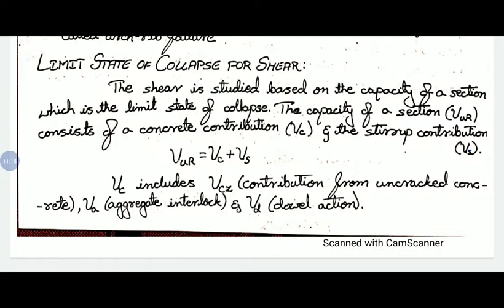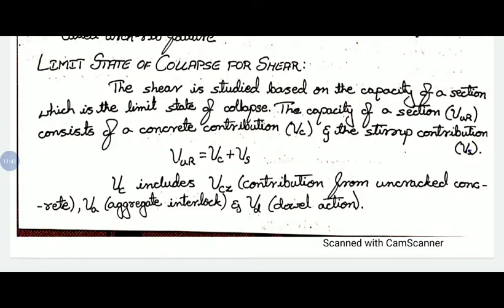So the capacity of the section consists of concrete contribution and the stirrup contribution. Obviously, when you are applying certain load on the beams, the concrete will carry some amount of load and later it will transfer to the steel, but in case of shear it will be transferred to the shear reinforcement, that is stirrups, which we are going to provide in the beam.